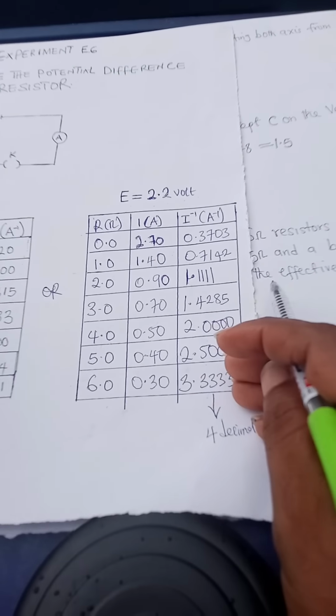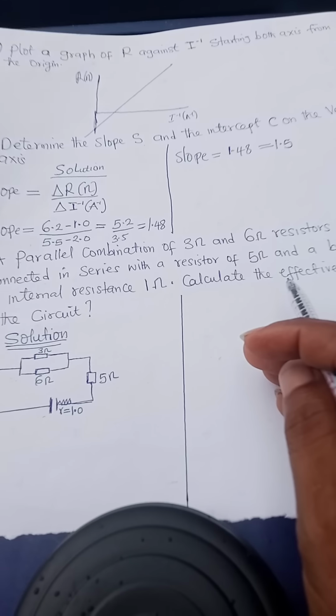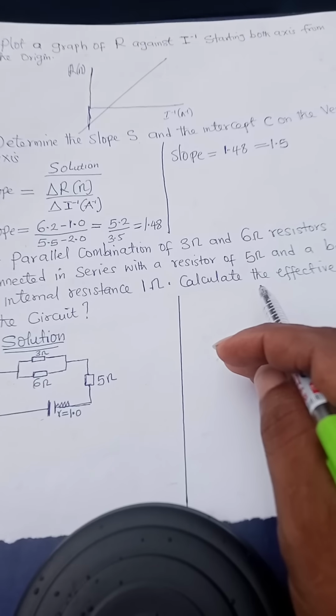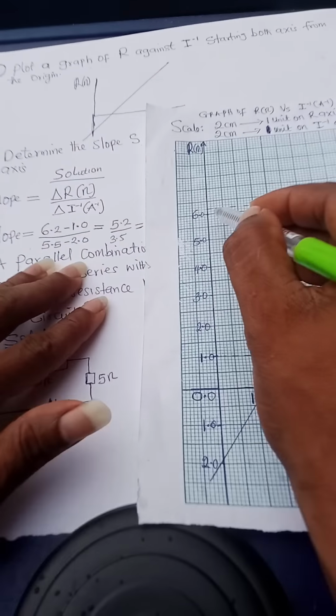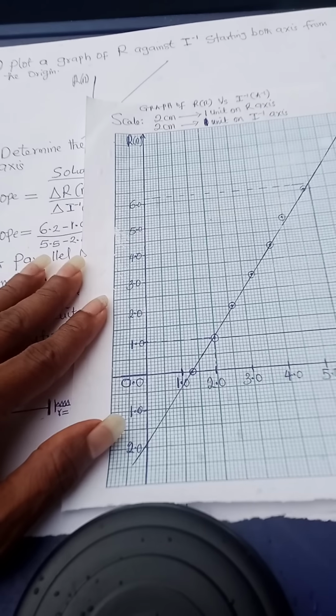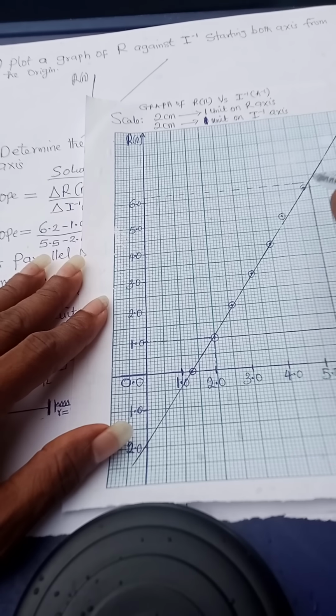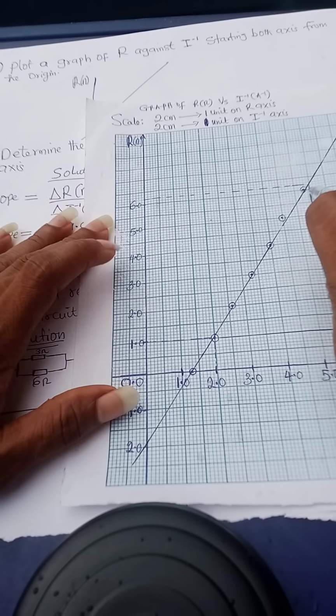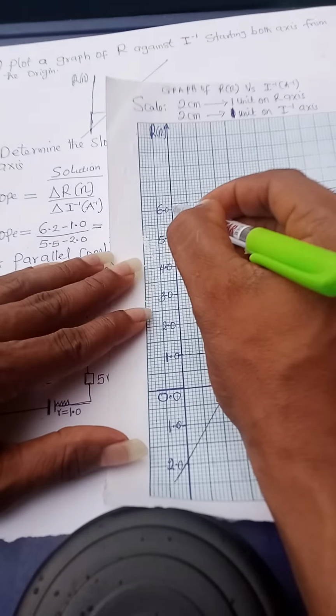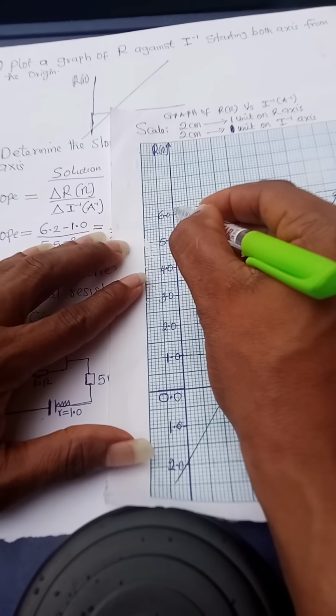Now, let's look at this graph and how we got this slope. Look at the graph. This point is what? This is 6.0. Here is 6.0. Here is 6.1, 6.2.